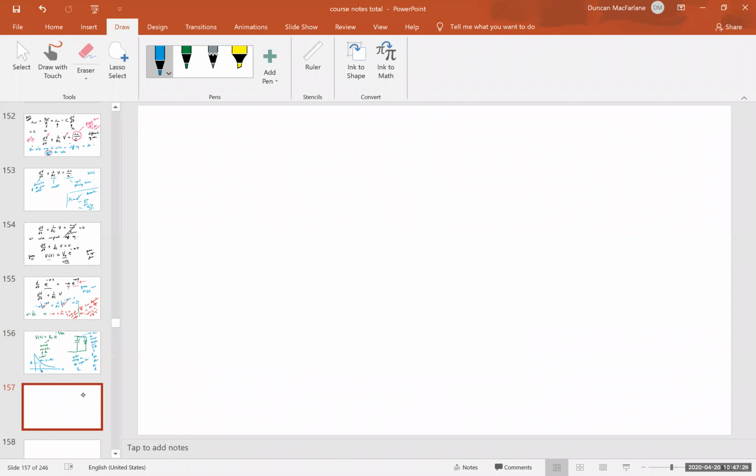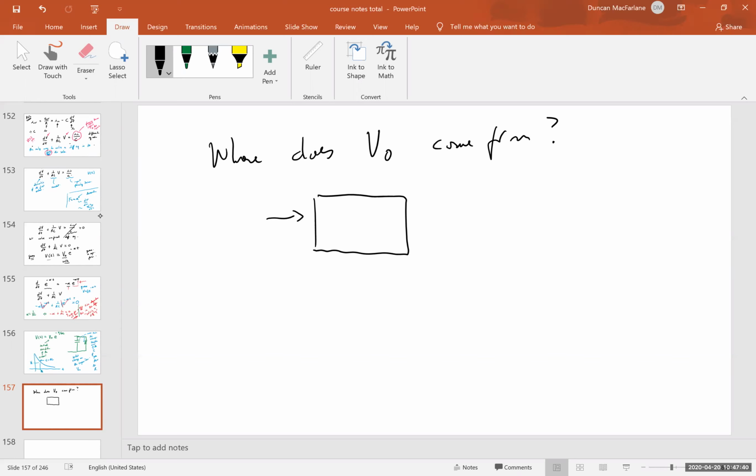Now, my very last point that I want to bring up with you is, where does V naught come from? It comes from a short, sharp kick of the circuit.